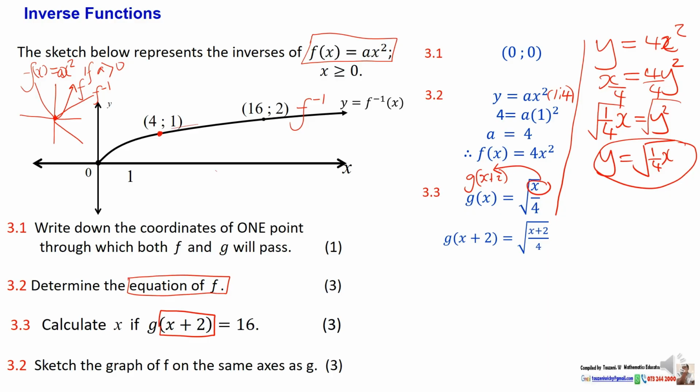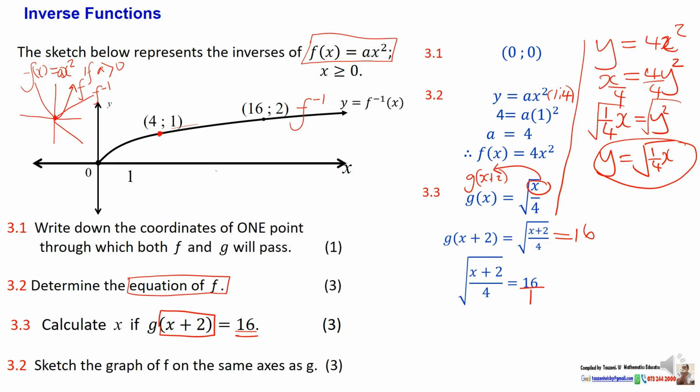Now we formulate an equation. This is equal to 16. Therefore, we're going to equate this to 16. Now we can solve the equation. The square root of x plus 2 over 4 is equal to 16. This 16 is 16 over 1. Then we can complete our equation.